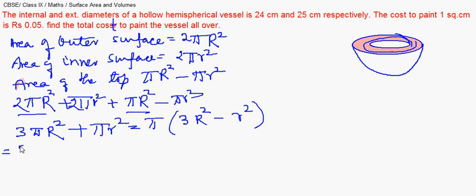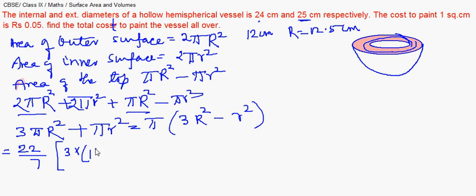So 22 by 7 into 3 r square, capital R will be, this is the diameter, capital R will be 12.5 centimeters, and on the other hand this will be 12 centimeters. So it is 12.5 square minus 12 square.